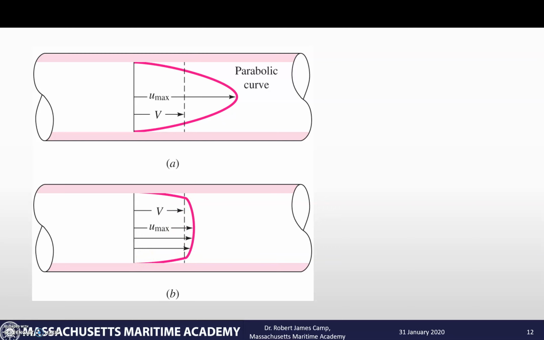That inviscid core, unlike for laminar flow, doesn't stay around very long, because all these turbulent eddies really mix the momentum across the pipe diameter, just like they would mix the dye. As the turbulent mixing becomes more uniform, so does the velocity profile.